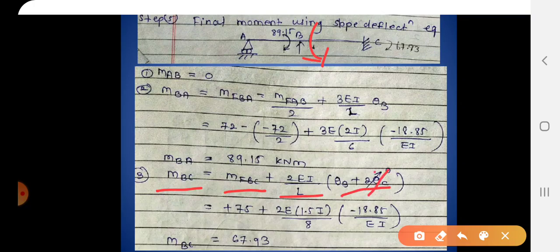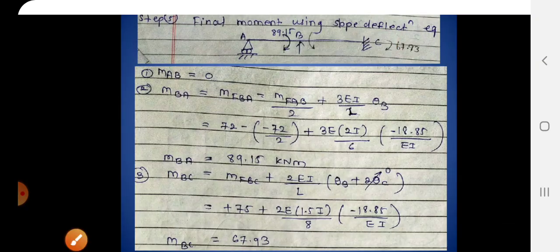Again C is a fixed support, therefore this theta C will tend to 0. Putting in all the values, we will have the MBC value. And then for MCB, again we have to use the standard normal slope deflection equation and you will get the value.